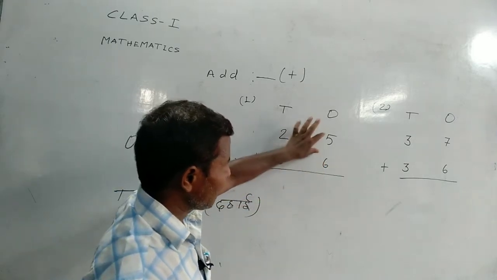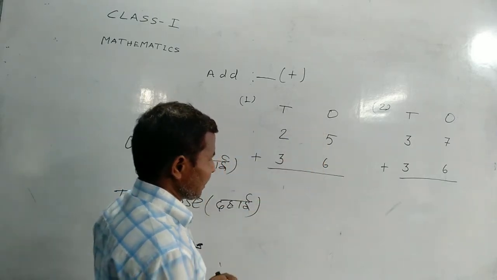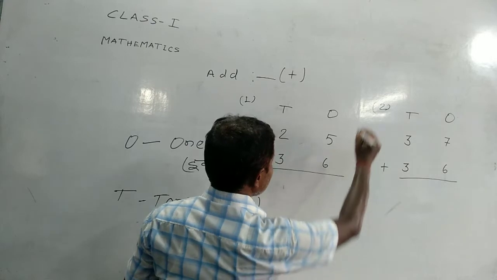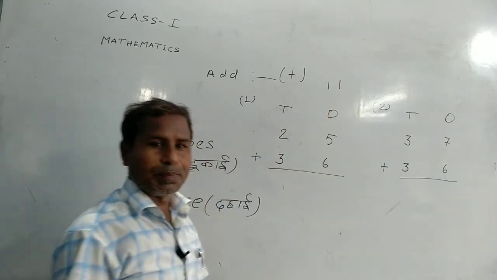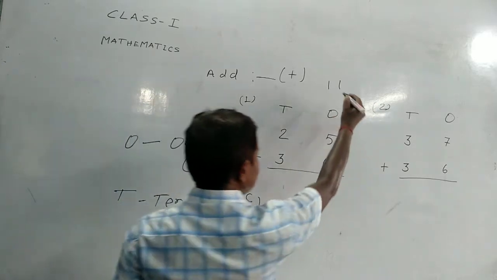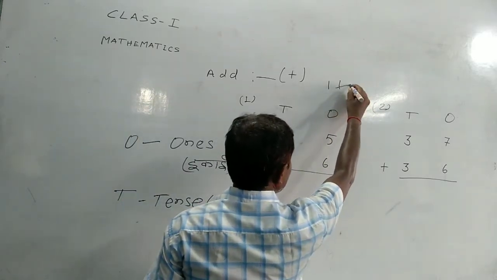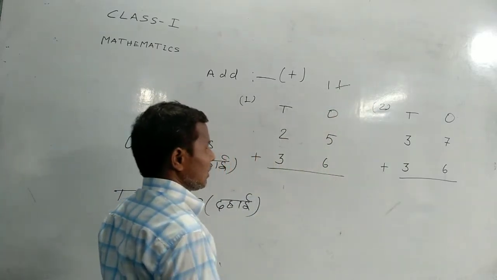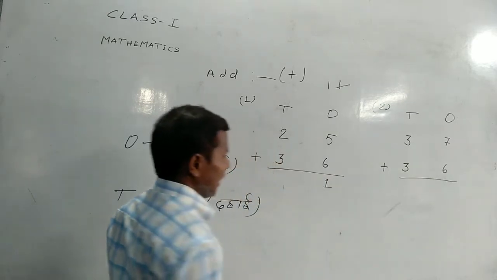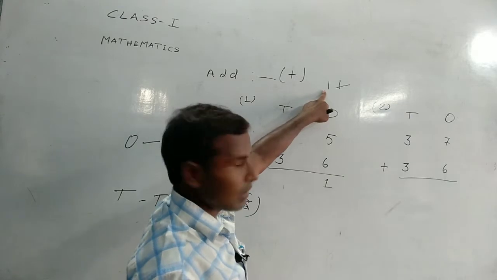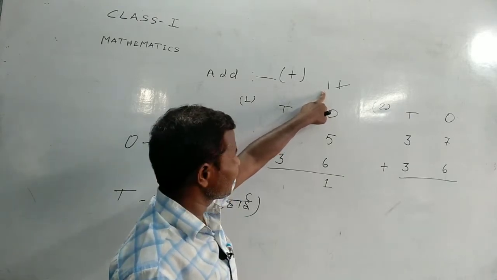The sum of 5 and 6 is 11. Suppose 11, ones place is written 1. Now write down 1 here and left rest number is 1.